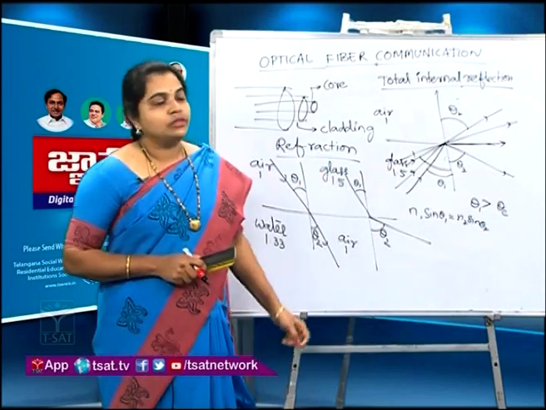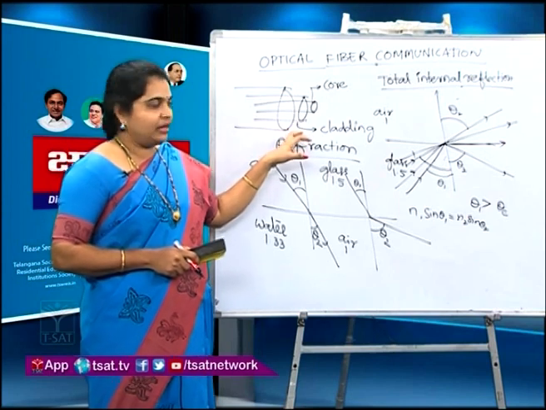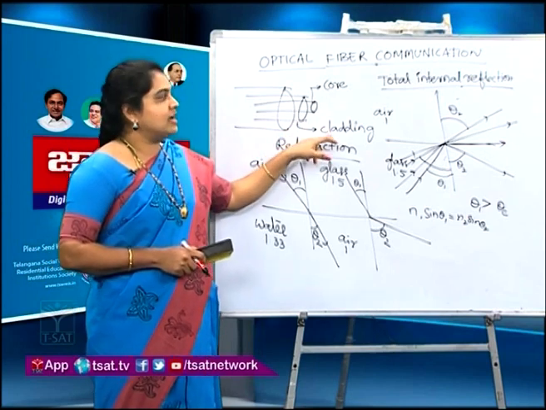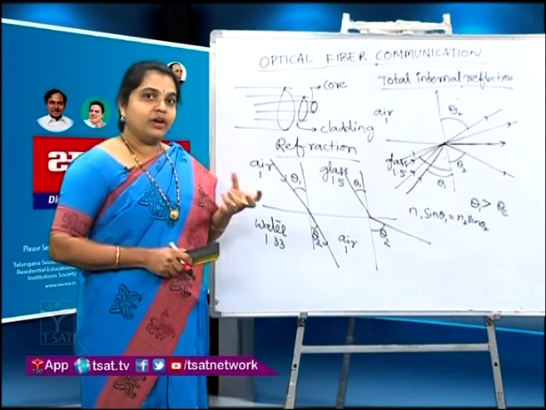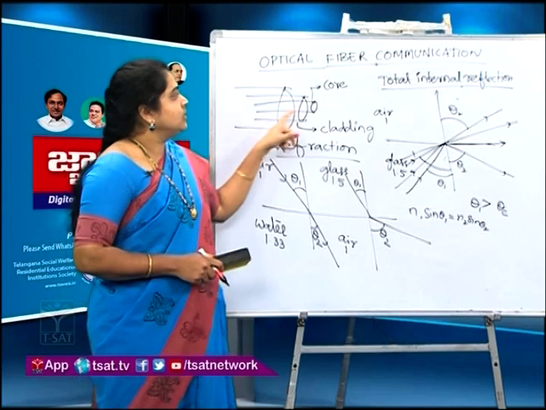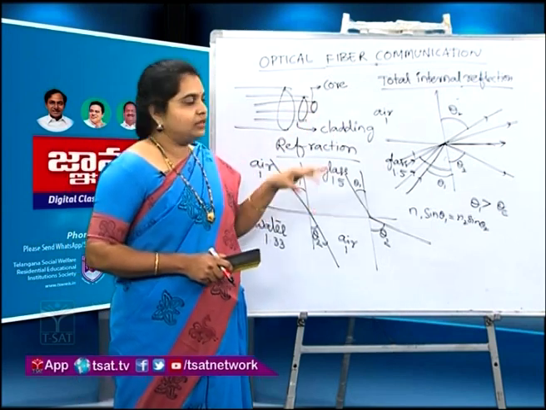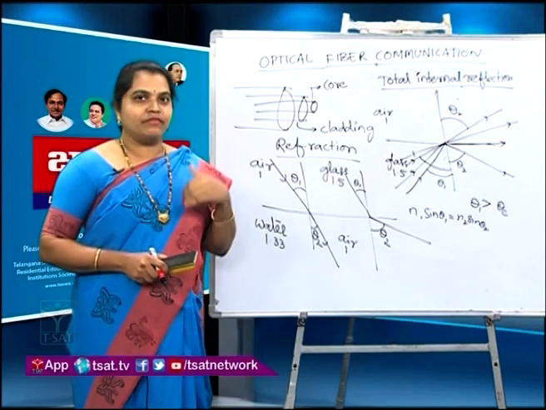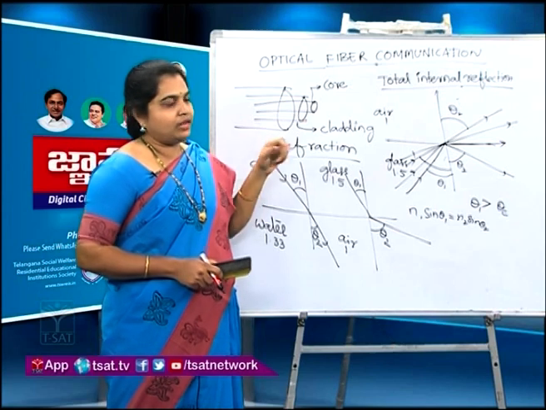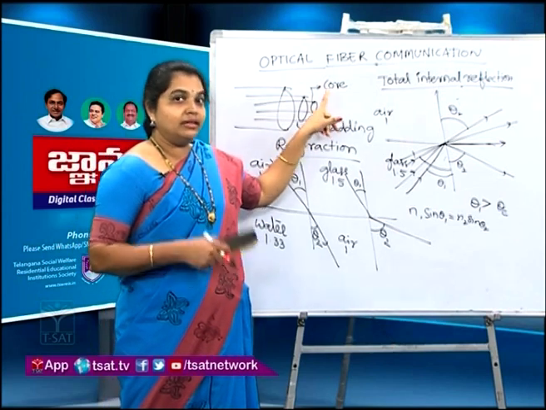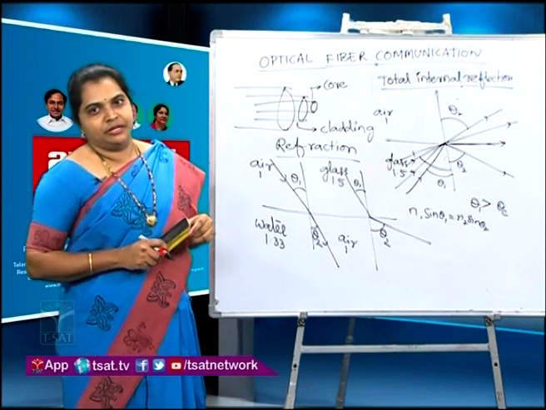If you remember the structure of the optical fiber, the cladding has lower refractive index than the core. Why? Because for total internal reflection to occur in the optical fiber, the cladding must have lower refractive index than the core. The core has higher refractive index, so it acts like a denser medium, and the cladding acts like a rarer medium.